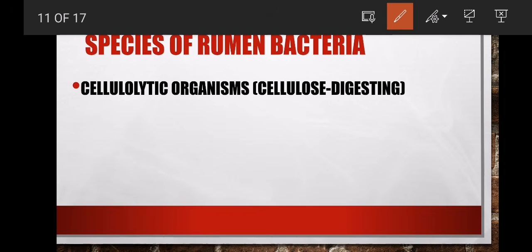A cellulolytic organism, the word cellulo is taken from the feed, which is cellulose.